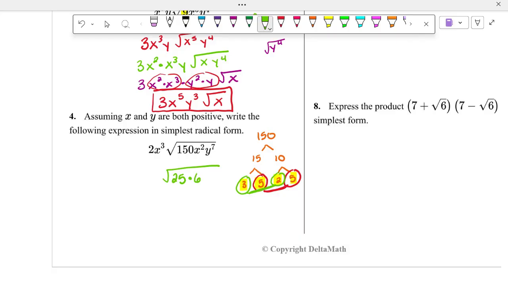I'm going to multiply those two together. 6. And then x squared y to the 7th. And you've got the 2x cubed on the outside. 3 times 2, so you're multiplying the factors that are left over. All right, so we found our perfect square, which is the red. The green is what's left over.